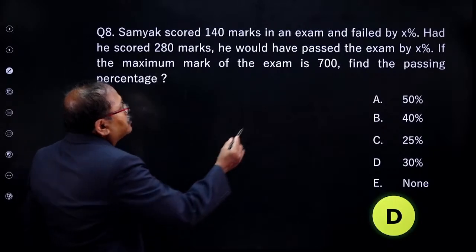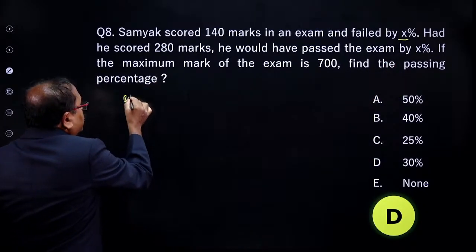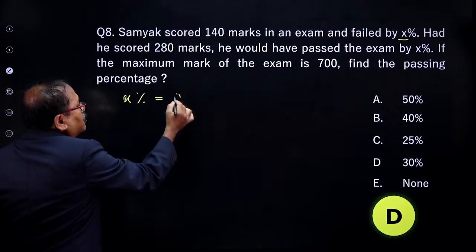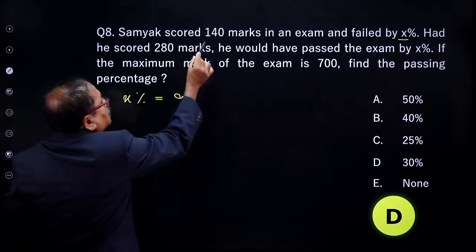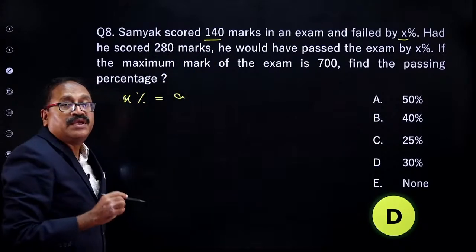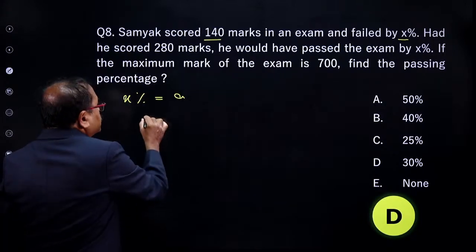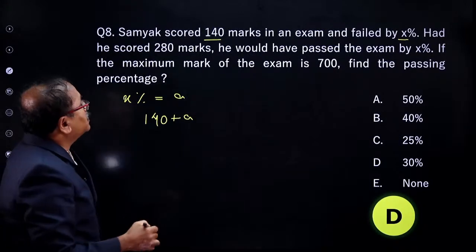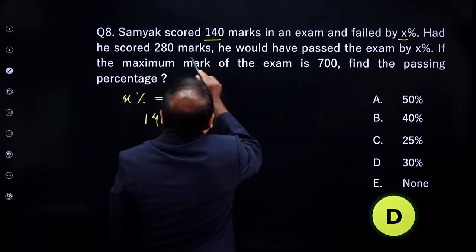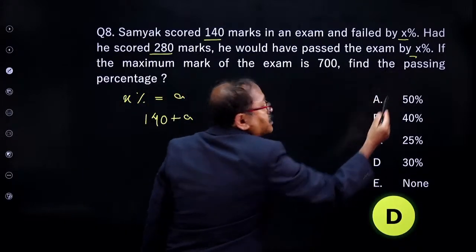Now, you know that he failed by X%. So, if I consider that X% is equal to A, in one case when he is scoring 140, he is failed by A. Then what is the pass marks? The pass marks is 140 plus A. In the second case, by scoring 280, he is passed by X%.